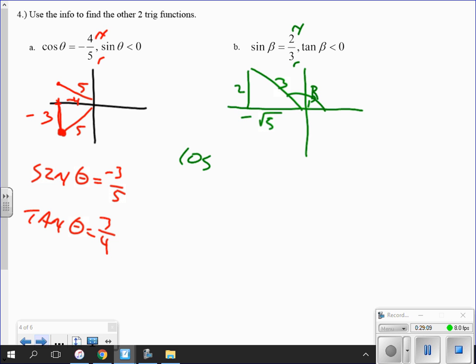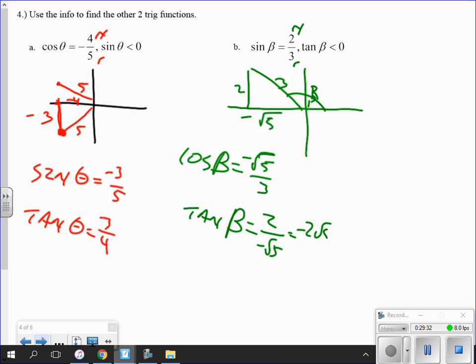So my cosine of beta is negative √5 over 3. And the tangent of beta is the y over the x, 2 over negative √5, which is negative 2√5 over 5.